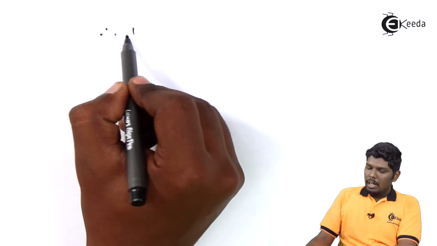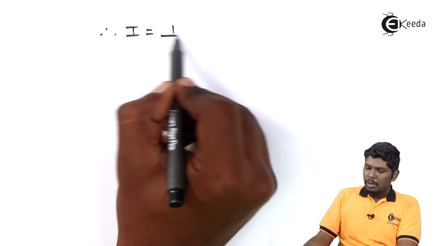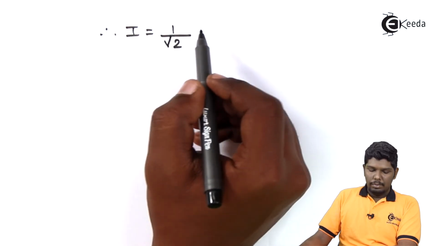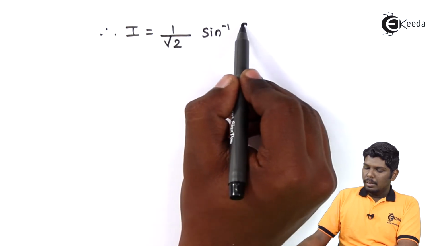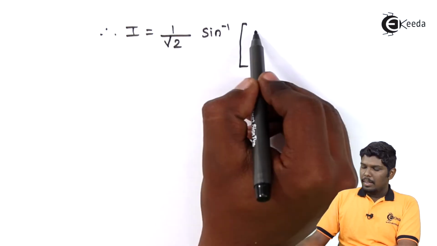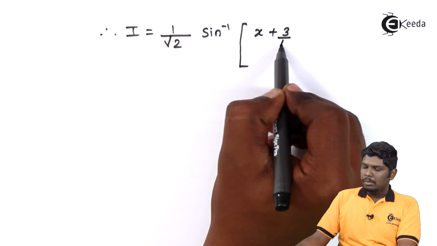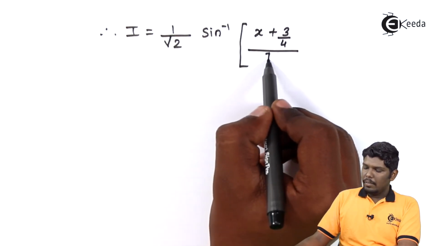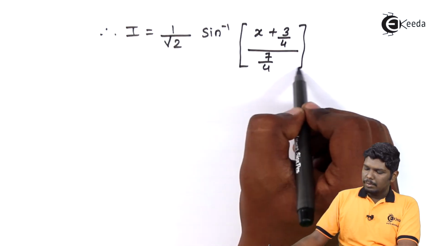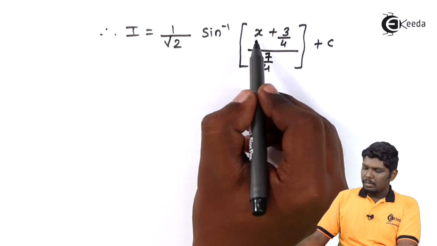Therefore, I is equal to 1 upon root 2 sine inverse, the value of x is x plus 3 by 4 upon the value of a is 7 upon 4 plus c.